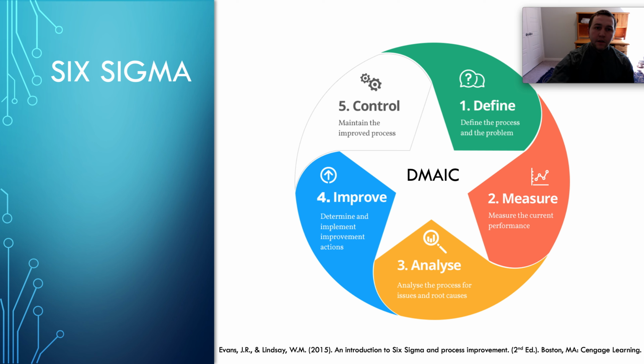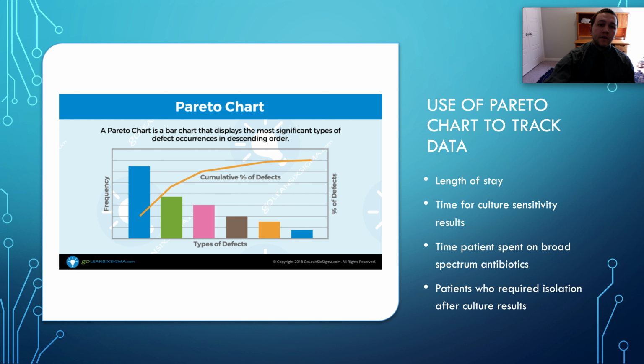So to do that, we can use a lean tool, which is a Pareto chart. The main thing with lean is we're trying to identify non-value added activities in the workplace.